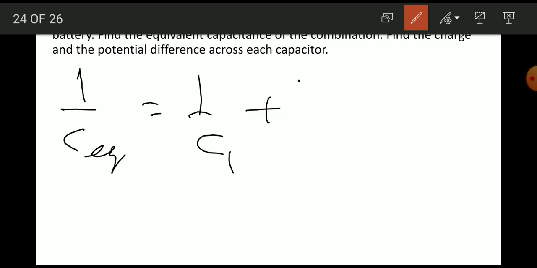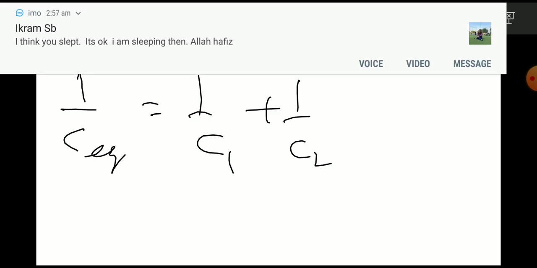Now, you will find C equivalent by 1 divided by C1 plus 1 divided by C2. You will simplify and you will get the answer.